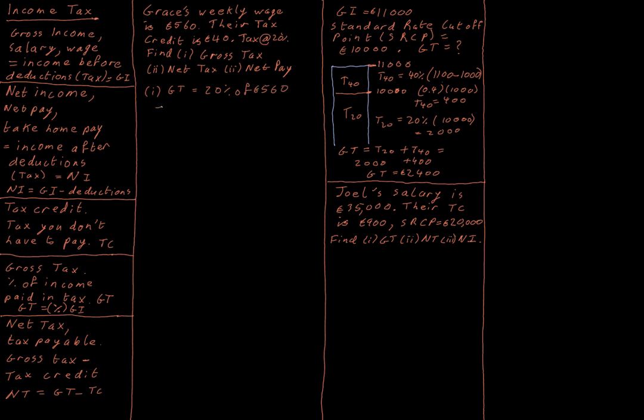So that is going to be 20% means per 100, 20 out of 100, of means multiply, of €560. We can put that into our calculator, and we get 0.2 by 560. So our gross tax is going to come to €112.